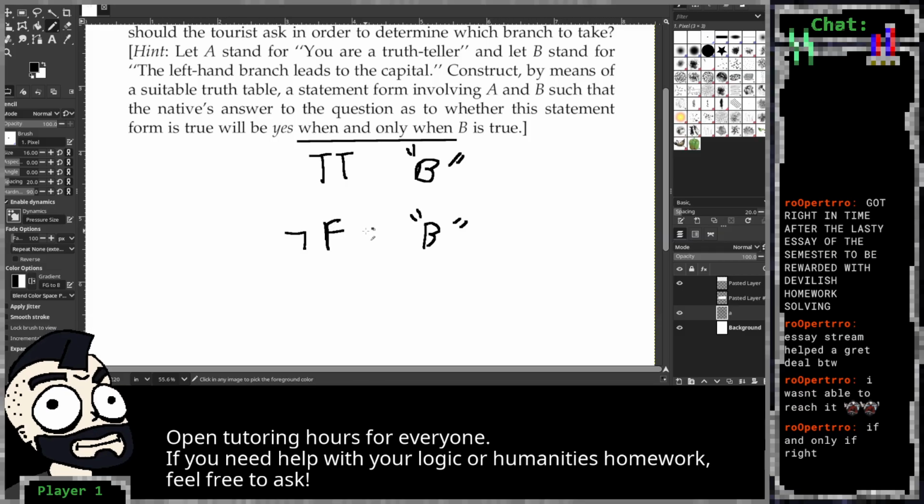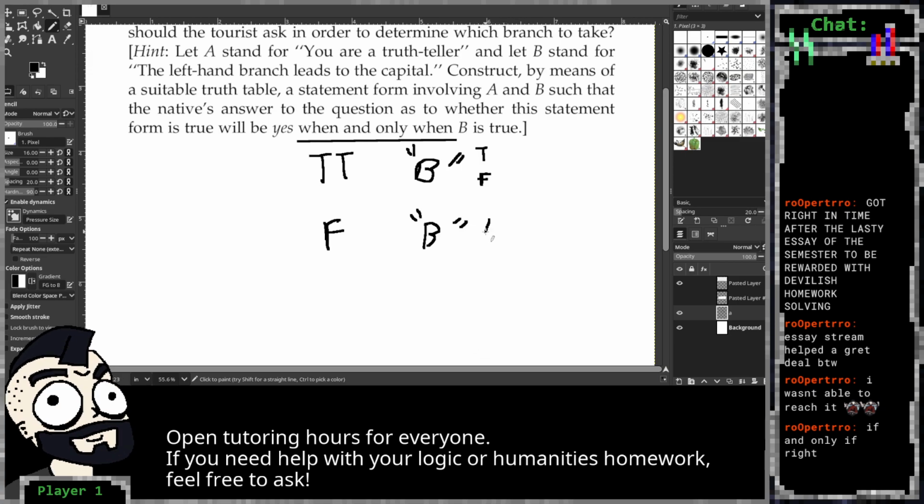Like that, such that when a truth teller is asked if something is true, they say the same. But what if we inverted this somehow, such that the answers will be the same?